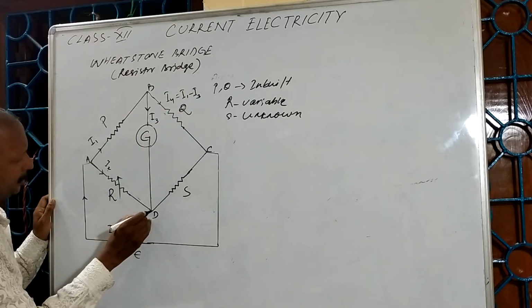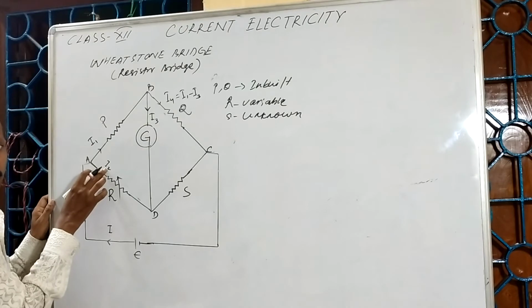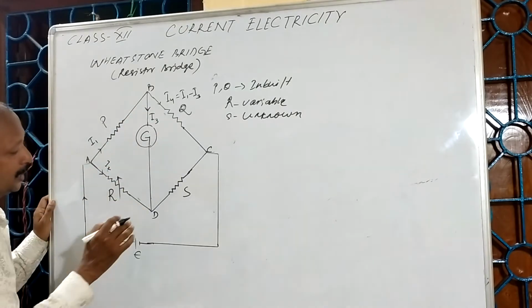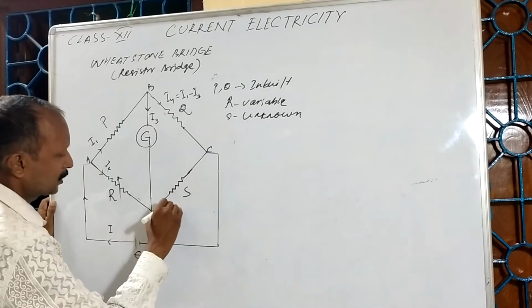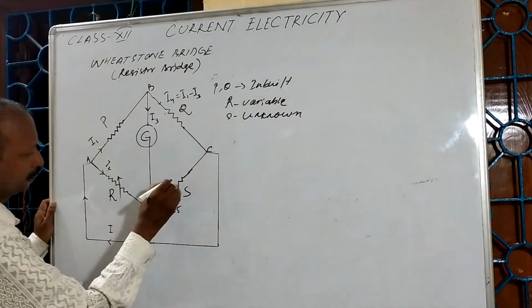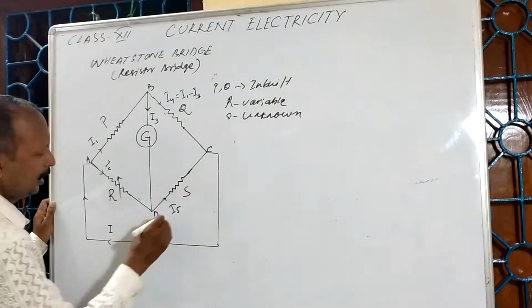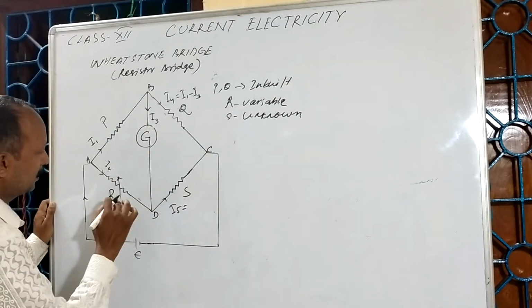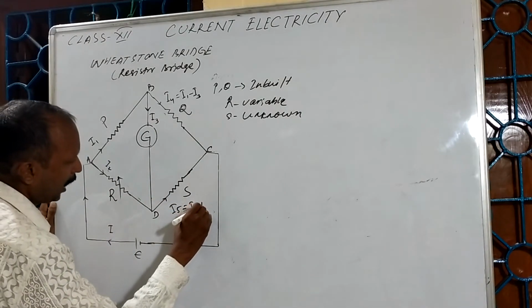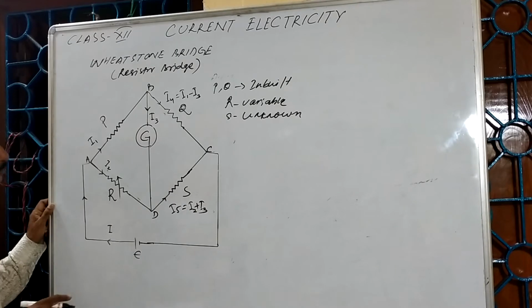To this junction D, the current entering from this side is I2 and from this side it is I3. Suppose this current is I5 in this direction. Definitely this is I2 plus I3.